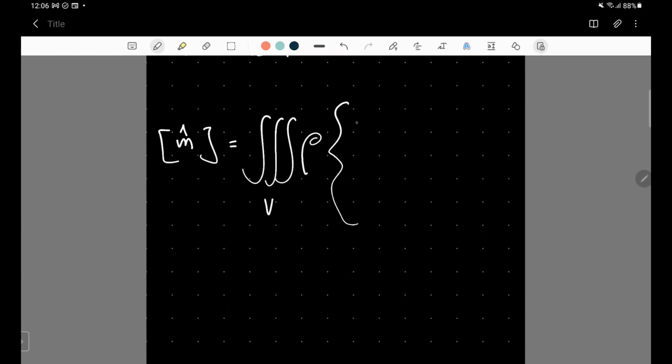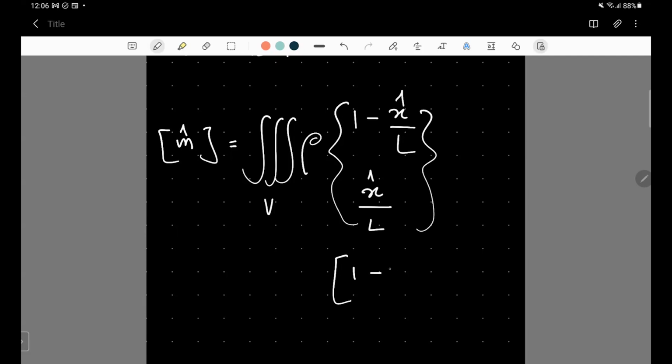And what are the two shape functions? When we consider a bar, N1 corresponds to 1 minus x hat divided by L, N2 corresponds to x hat divided by L, times 1 minus x hat divided by L, x hat divided by L dV.